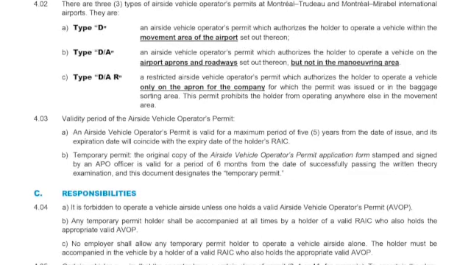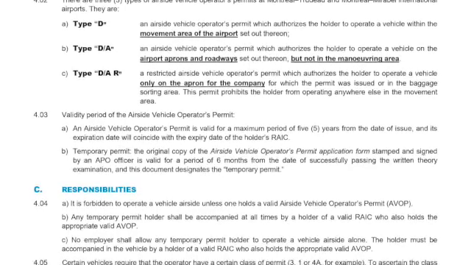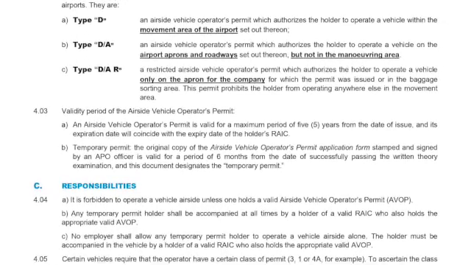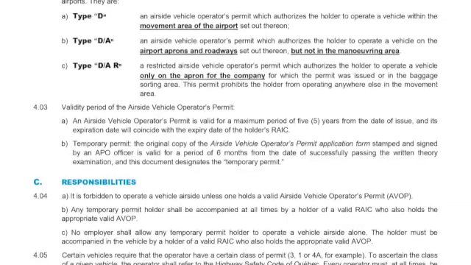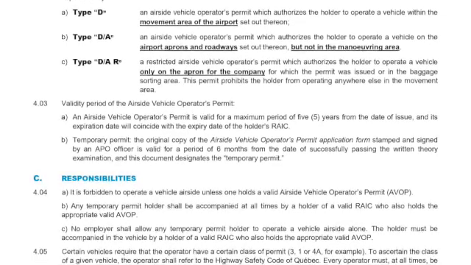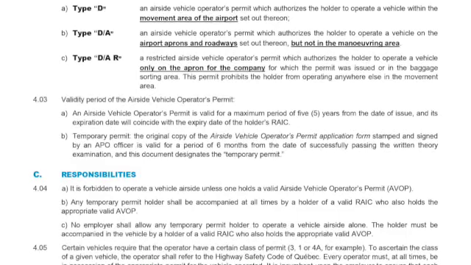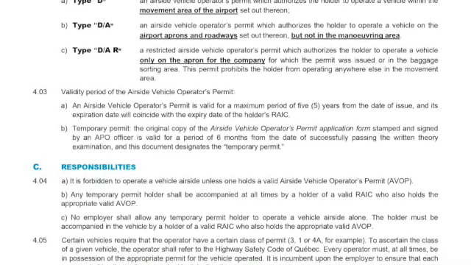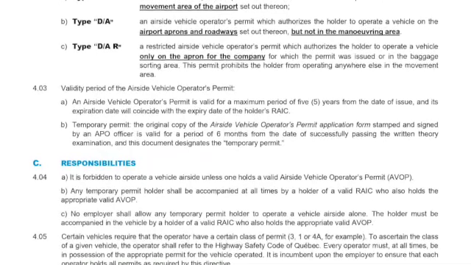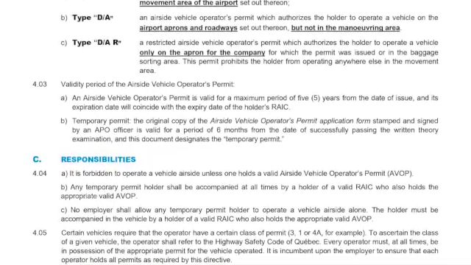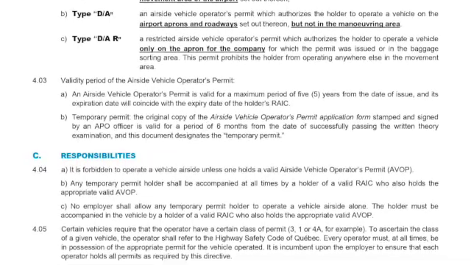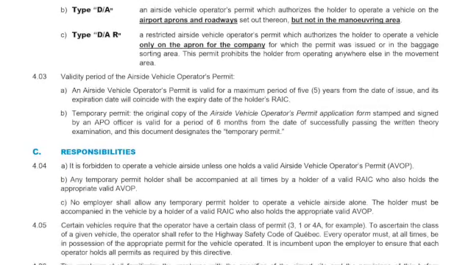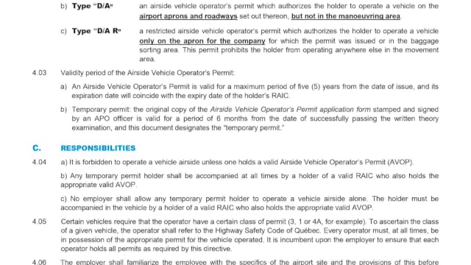C. Responsibilities. 04. A. It is forbidden to operate a vehicle airside unless one holds a valid airside vehicle operator's permit, AVOP. B. Any temporary permit holder shall be accompanied at all times by a holder of a valid RAIC who also holds the appropriate valid AVOP. C. No employer shall allow any temporary permit holder to operate a vehicle airside alone.